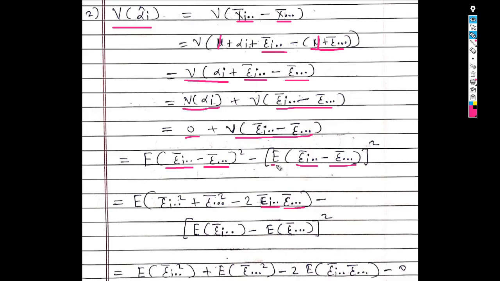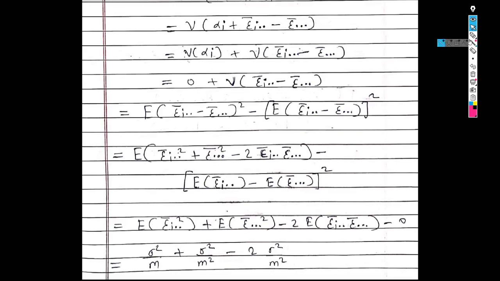Now in this bracket take this expectation inside. So we get the square bracket, the expected value of epsilon i dot dot bar minus the expected value of epsilon dot dot dot bar, whole bracket square. But here we know that the expected value of this term is 0 and the expected value of this term is also 0. So this whole bracket term will be 0.